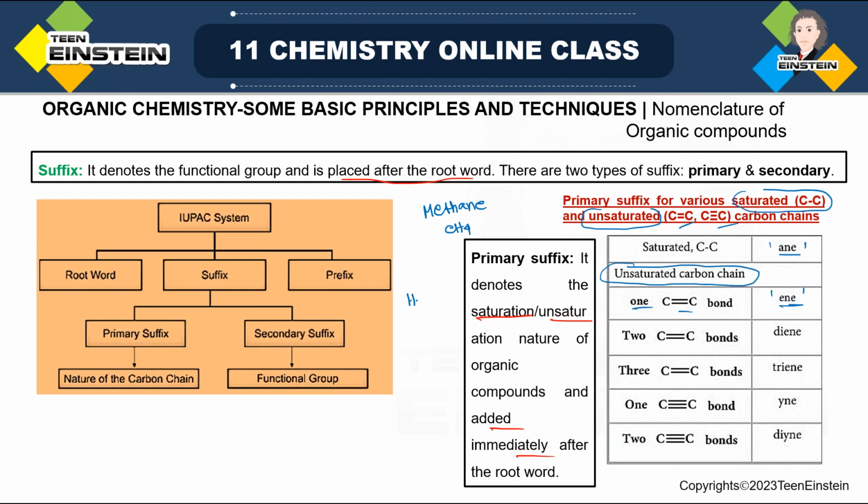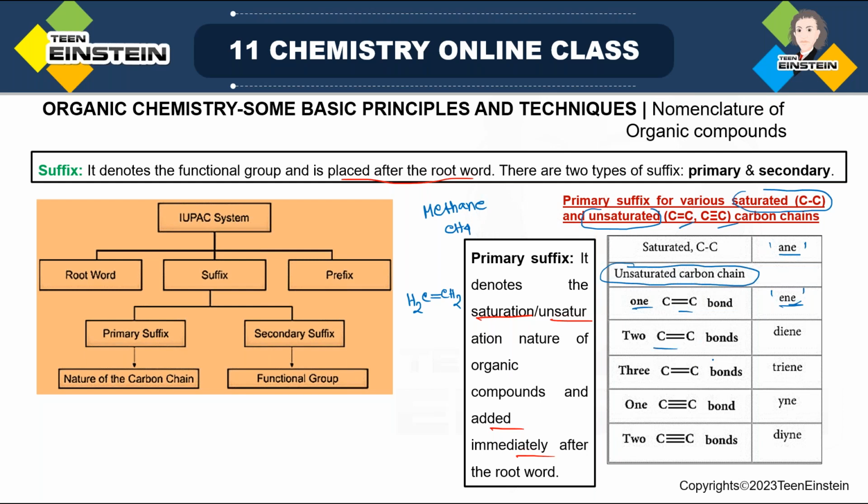The simplest example is the molecule whose detailed orbital diagram we have already seen. So it will be ethene because you have 2 carbons, so the root word is eth, and it will be combined with the term ENE, which is the primary suffix because we have only one CC double bond in this molecule.